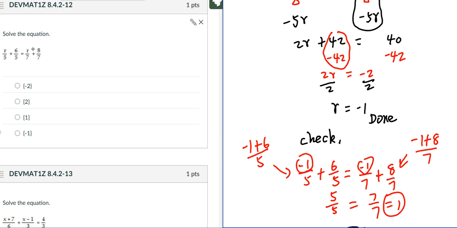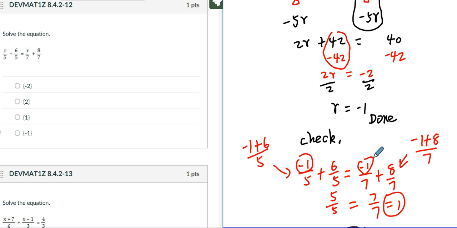The r on the right-hand side of the equation is replaced with negative 1. So we will have negative 1 over 5 plus 6 over 5, which is negative 1 plus 6 over 5. 6 minus 1 is 5, so 5 over 5 is 1.